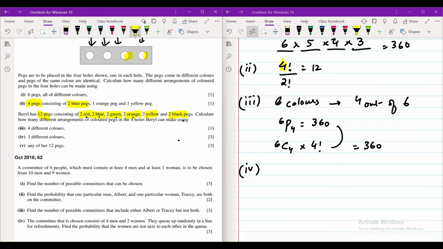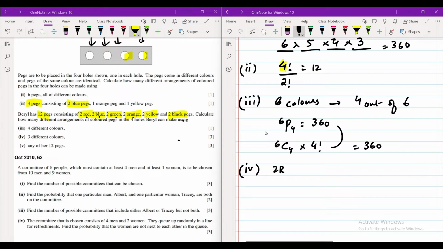So we need to come up with different scenarios for what we can get. So maybe we get 2 red, and the other one anything.